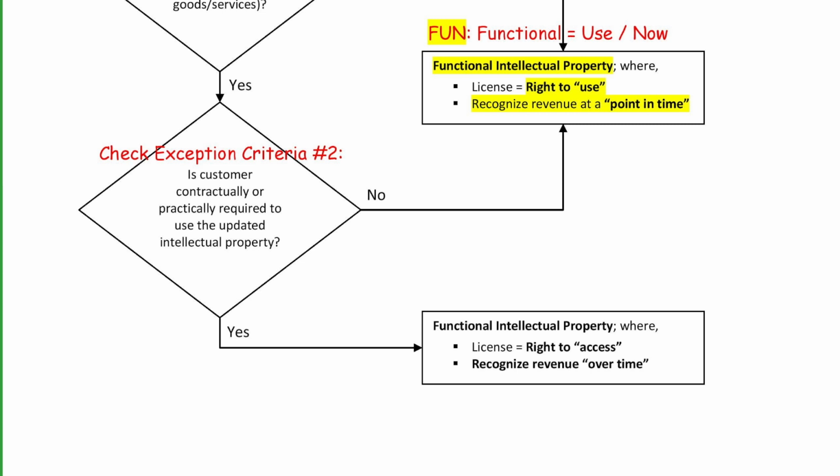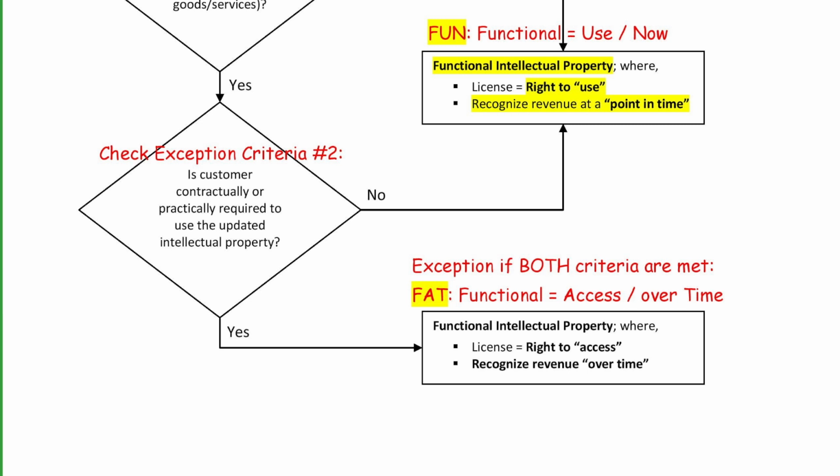And the second exception criteria is whether the customer is contractually or practically required to use the updated intellectual property. And if the answer is yes, exception if both criteria are met. In such a case, the functional intellectual property is a right to access and revenue is recognized over time.